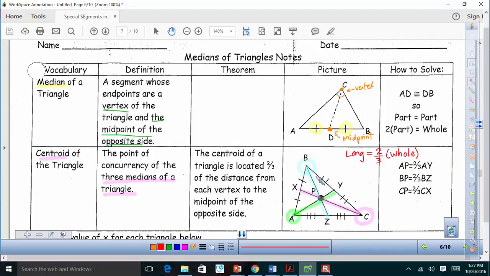This is 8. Let's try that again, because some of you got that, some of you were like, Okay, let's say A to Y, this whole length right here, is 15. We know that A to P is 2/3 of this. So I want to take 15 and split it by 3.